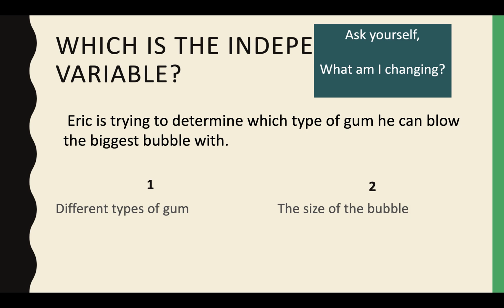Think of your answer in 10, 5, 4, 3, 2, 1. Did you say that the different types of gum are what Eric is changing? You're right. That is the independent variable because Eric is in control and is changing the type of gum.